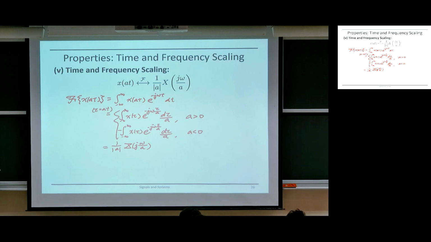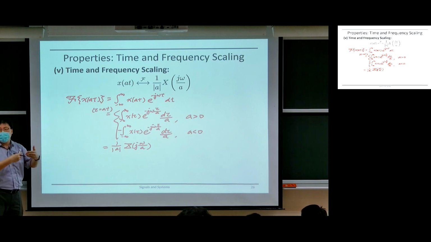So what's interesting about this property is that it tells us that if you scale the time domain by a, then you're scaling the frequency domain by 1 over a. So assuming that a is greater than 1, for example, with a equal to 2, then scaling the time by 2 means that you're fast-forwarding the signal by 2 times.